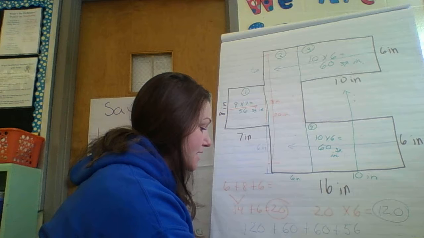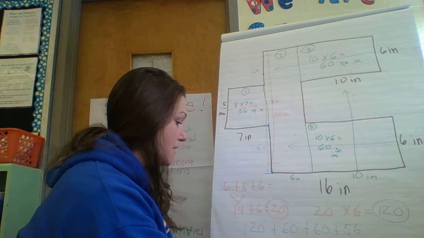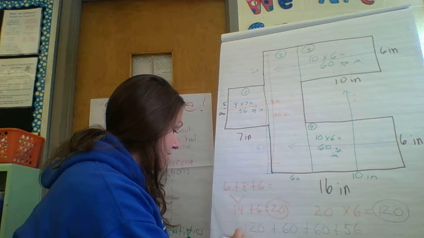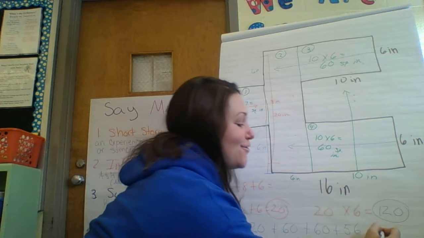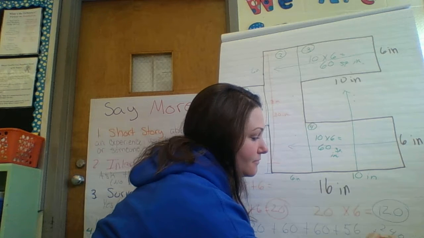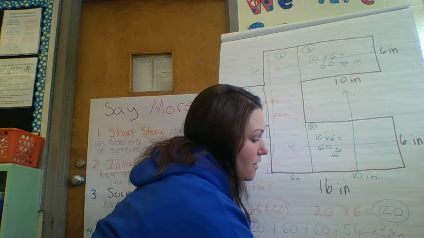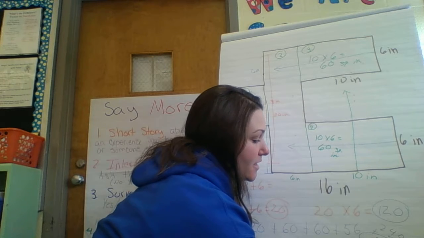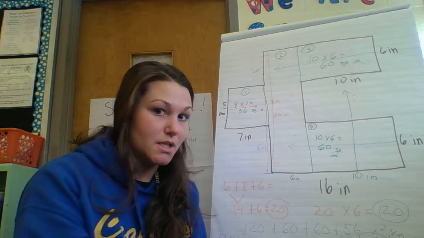I know that 60 and 60 is 120, so now 120 plus 120 is 240. 240 plus 56 is going to give us a total of 296 square inches.